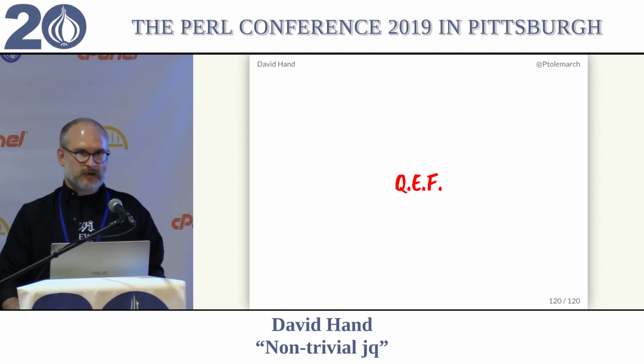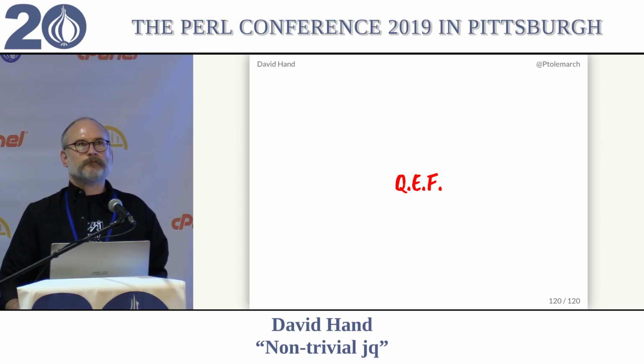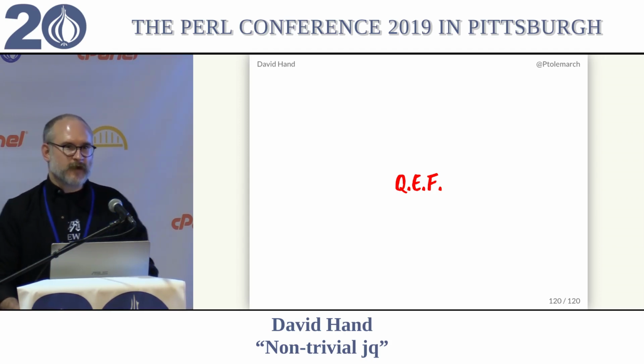So the question, and please correct me if I don't summarize this well, is: hey, it looks like JQ's a weird language, why wouldn't I just use Perl? And the answer is, I don't know, but I'll try to expand upon it a little bit.